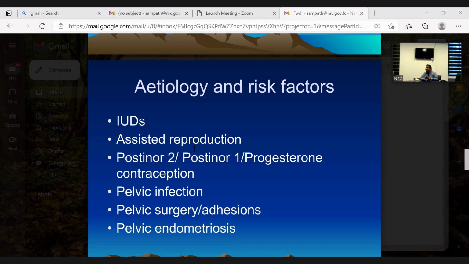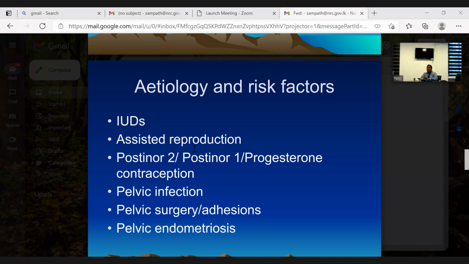What happened? Now the embryo is formed and with the large dose of levonorgestrel, the tubal motility is gone. So Postinor 2 is very strongly linked to the occurrence of ectopic pregnancy. If you are taking Postinor 2, take it soon after the unprotected intercourse. Don't collect things and economize on Postinor 2 or 1, whatever, right?